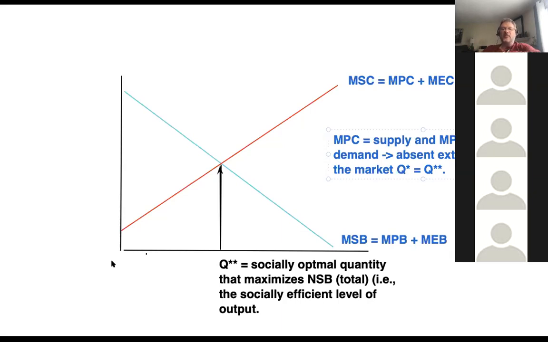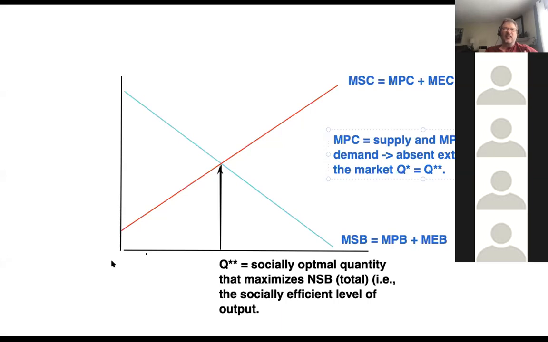But the main point is that there will be maximum net social benefit at the quantity where marginal social cost is equal to marginal social benefit. And it's just that the market, when it's competitive, there are no externalities and so forth, happens to deliver us that socially optimal quantity.